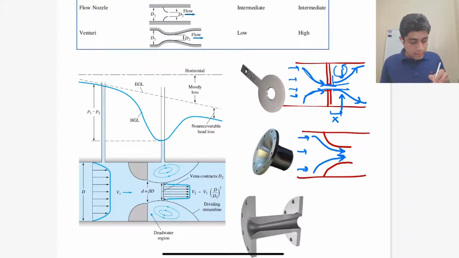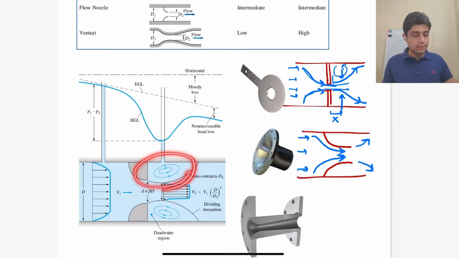But again, as the fluid comes out of this nozzle, it has to expand suddenly. So you basically prevent the vena contracta here. But again, because of this sudden expansion, the dead water region is still present, and the head losses are again higher.